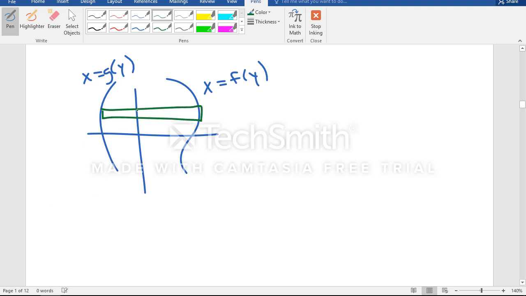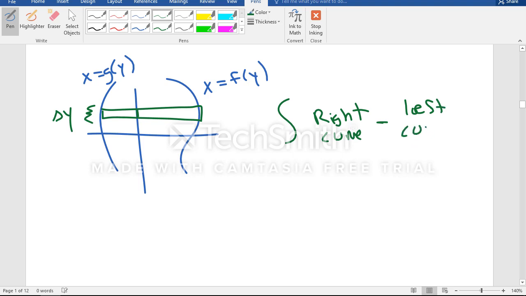Now if you think about this, the width of the rectangle, if you will, is a delta y. So we're going to have upper curve minus lower curve. What most textbooks do is they talk about it being the rightmost curve. That's what we would consider upper here.